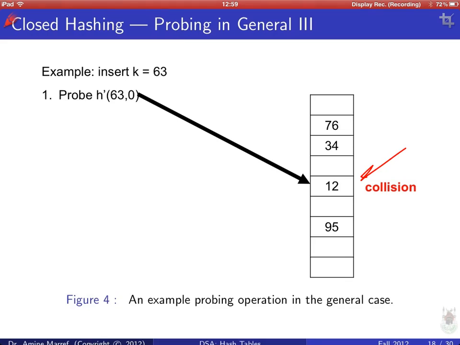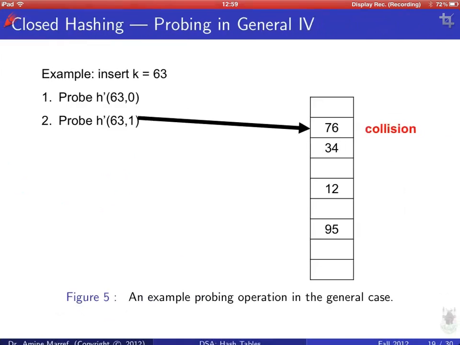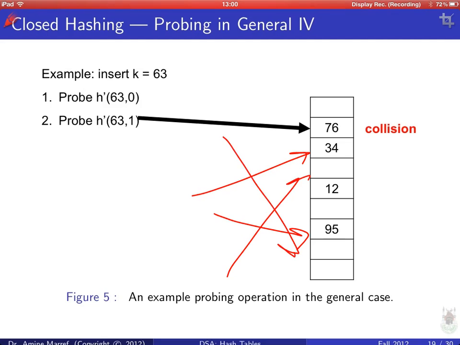So what happens then is that there is something called the probing sequence. The probing sequence is going to tell us try this slot, then try this, then try this. So there is a sequence, which is called the probing sequence, which is going to tell us the slots where we have to insert the key one by one.